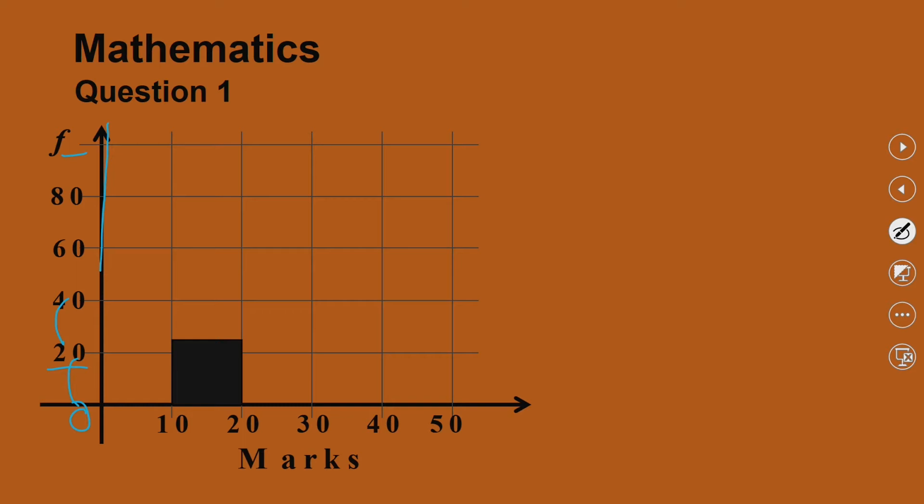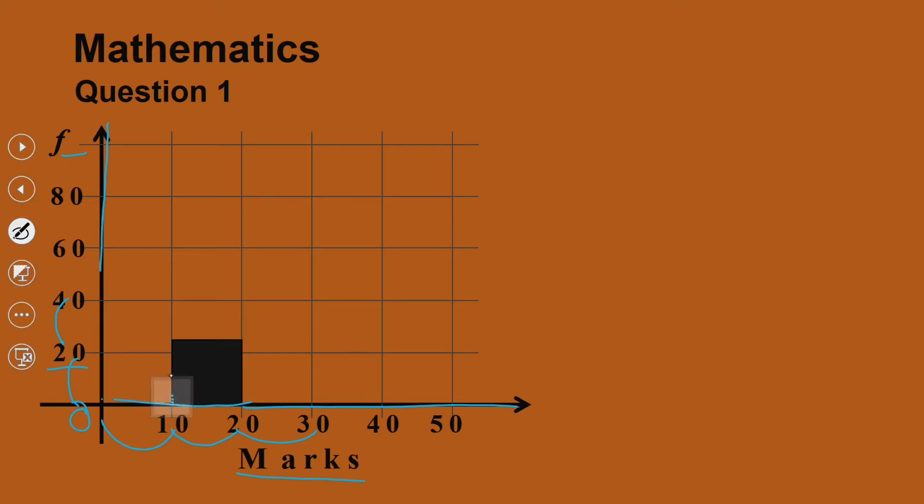Then the next one is to look at our horizontal line, which also has a scale. It moves up in tens, and we label this as marks. So our first bar that we must draw is this one here, and there we are drawing our first bar, right?